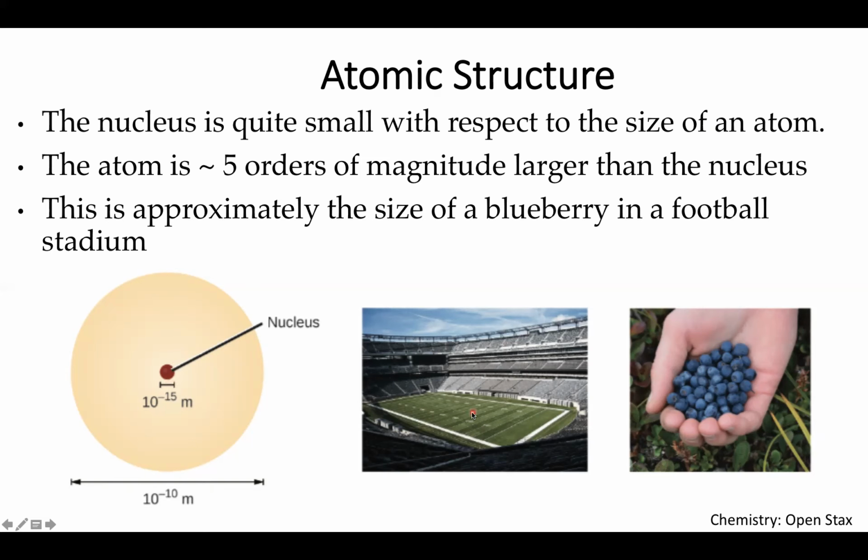So if you really want to think about what an atom is like, imagine putting a blueberry at the 50-yard line and then having a whole bunch of grains of sand, or essentially the electrons, as that would be kind of the relevant size, moving at an appreciable fraction of the speed of light rapidly around this football stadium.